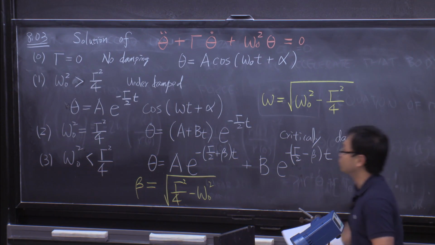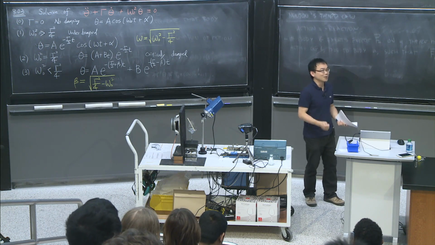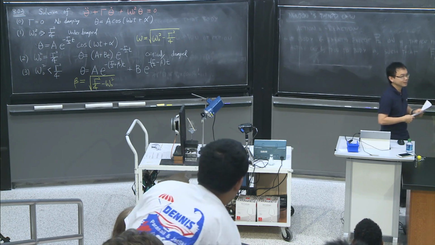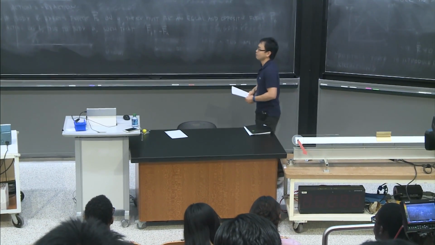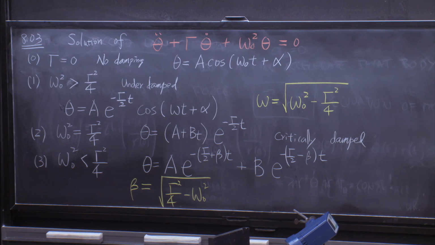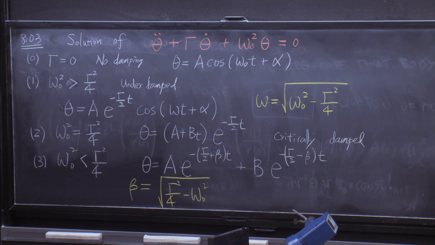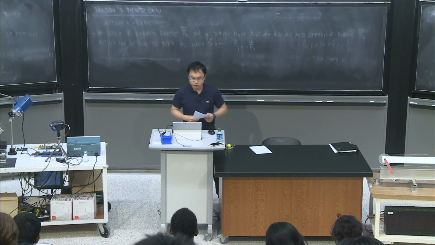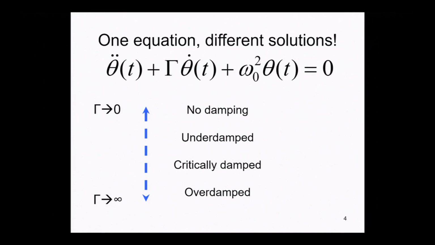Finally, if you put the whole system into water or introduce something really dramatic, a very, very big drag force, then you have an overdamped situation, and the solution is a sum of two exponential functions. So this is the one equation which works for all the damped systems we discussed up to now. And that is the map.